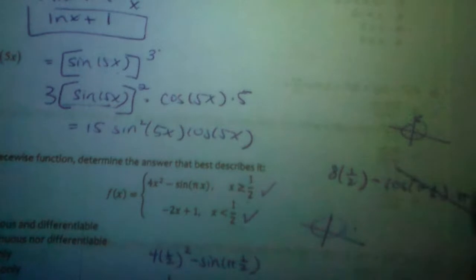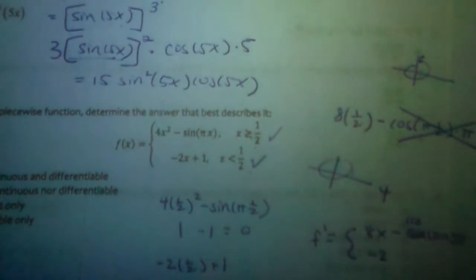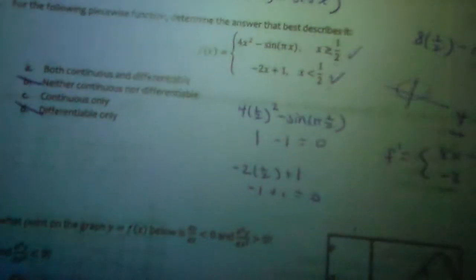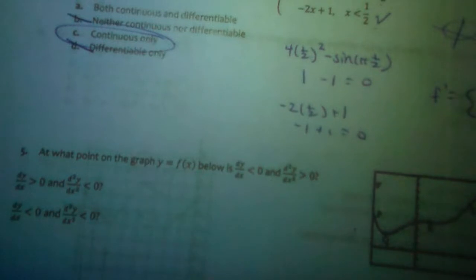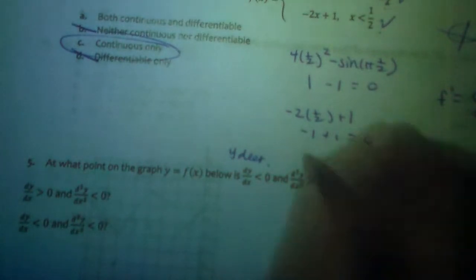Cosine of pi over 2 is 0, so that goes away, so this is 4. 4 and -2 do not equal each other, so not differentiable. So it is continuous only.